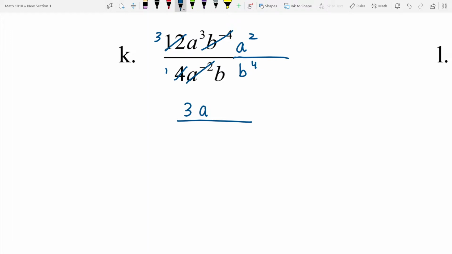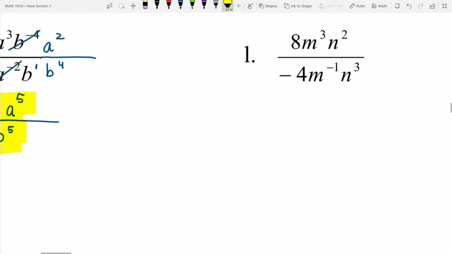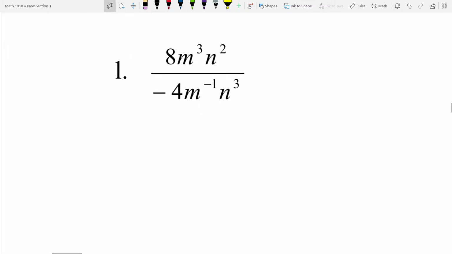Add is correct. So that is a 5. 2 plus 3 is 5. Look at your b's. I have a b to the first and a b to the fourth. Everybody in the room, that's a b to the what? Fifth. Yeah. Is there anything else I can do to that? No. I can't simplify it any further. That's my answer. Okay?